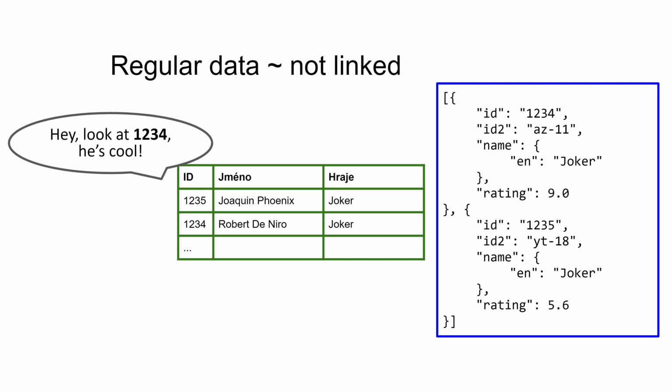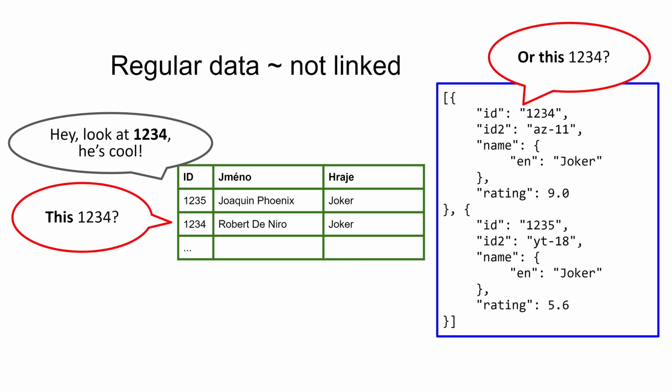And the friend says, which 1234? This one on the left or the one on the right? The one in the table or the one in the JSON file? Well, this is a problem thanks to the non-uniqueness of the identifiers used in the data. If they were unique, this wouldn't happen, right?